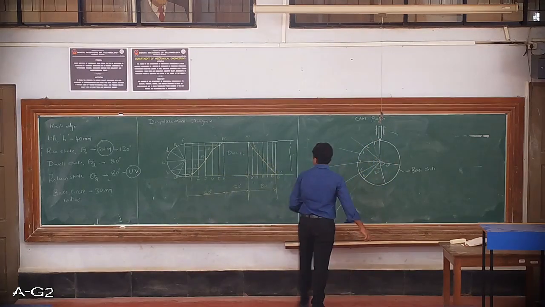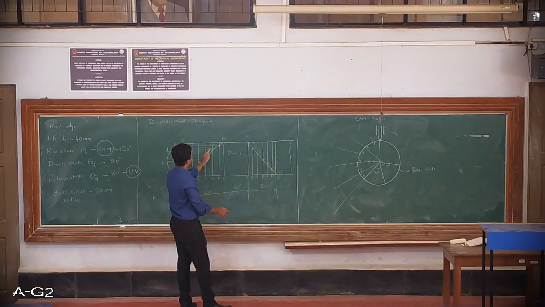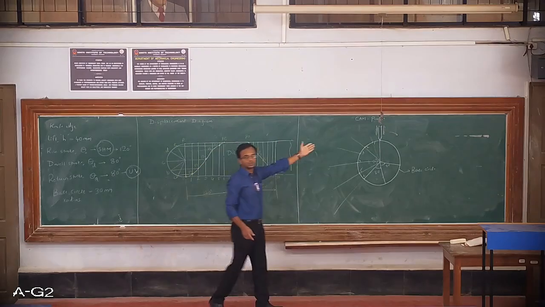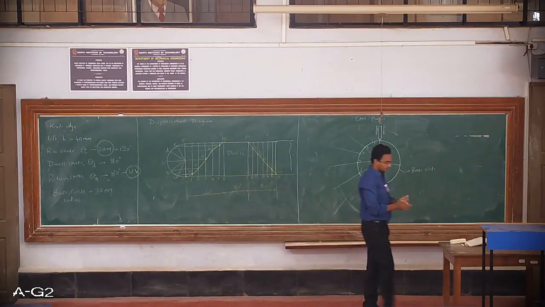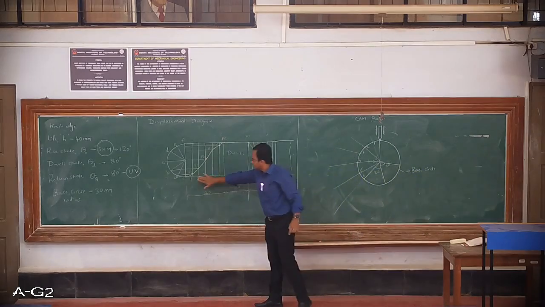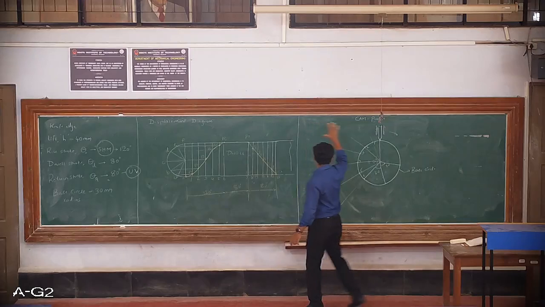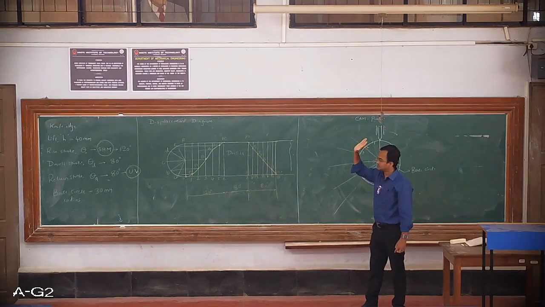Accordingly, we will see after bending this into a circle how these points come into the cam profile. My next job is to transfer the position points from the displacement diagram to the cam profile. It's very simple.